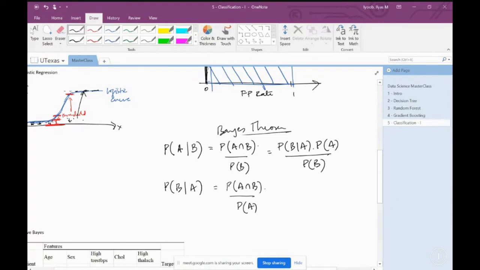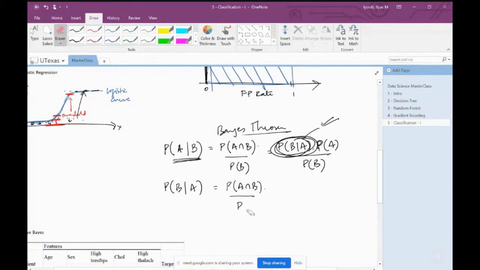So Bayes' theorem says if I know the probability of B given A very well, then I can figure out the probability of A given B, which is harder for me to figure out, just by multiplying this probability times the probability of A divided by the probability of B.